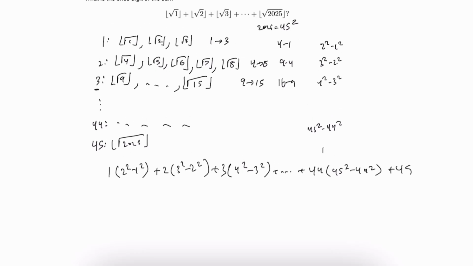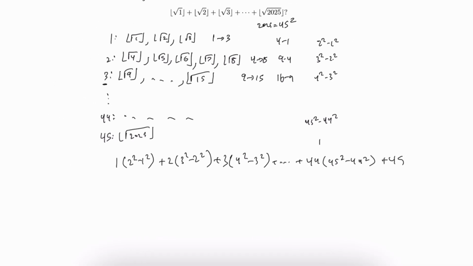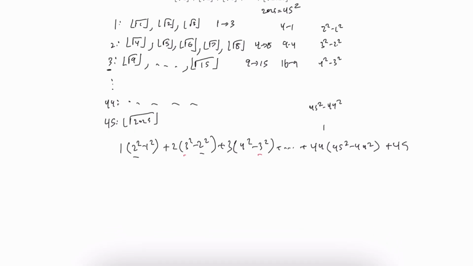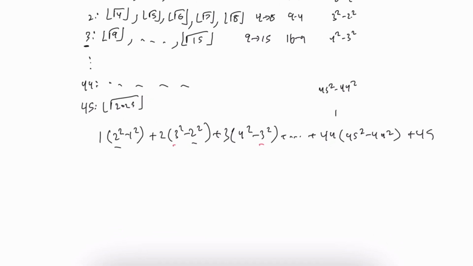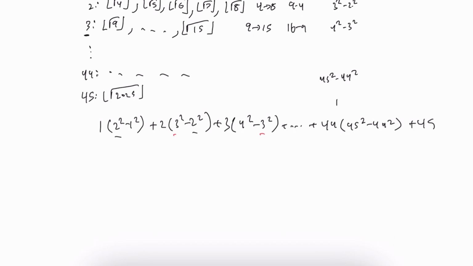This doesn't seem too easy to evaluate, but you see that there are a bunch of shared square terms. We have a 2 squared here, and 2 3 squares here. So if we expand it, hopefully a bunch of terms will cancel out and make the sum easier.